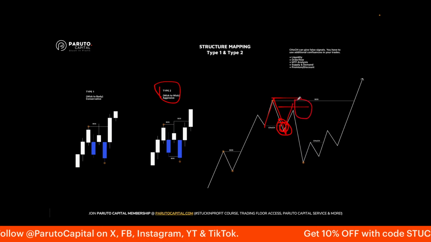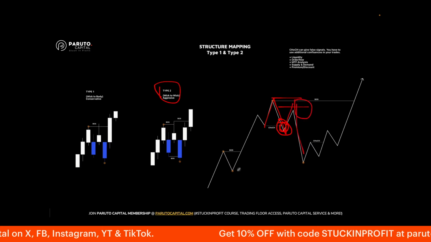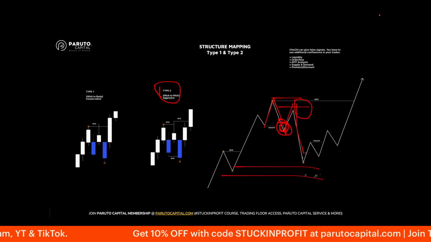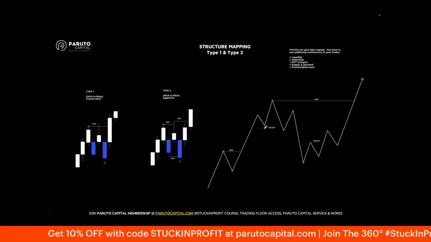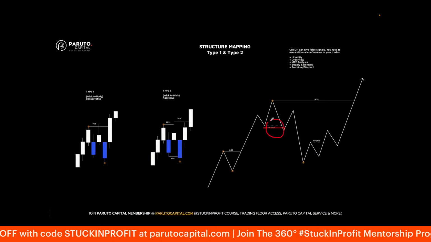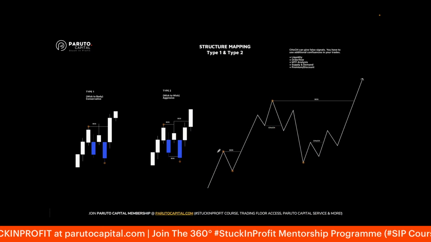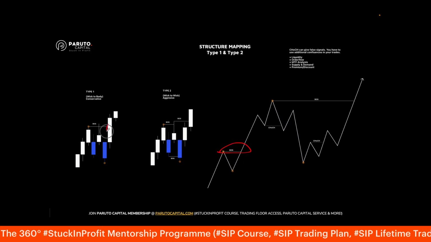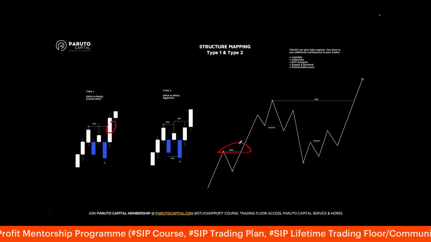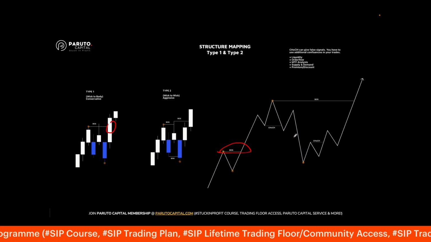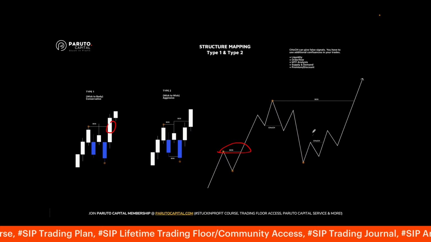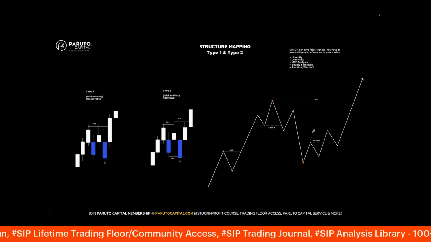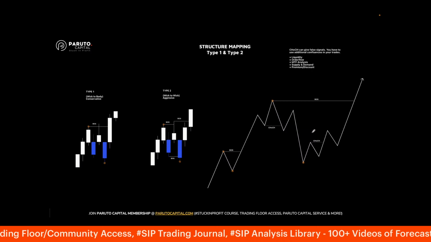And then I can look for entries to drive it back, hopefully into this demand zone here, right? So for me, for the change of character, I'm okay to use a type 2 mapping. But for the break of structure, I would always wait to see a break of structure by the body of the candle before I take that into consideration, right? So that's basically how I will interpret that in the real market.